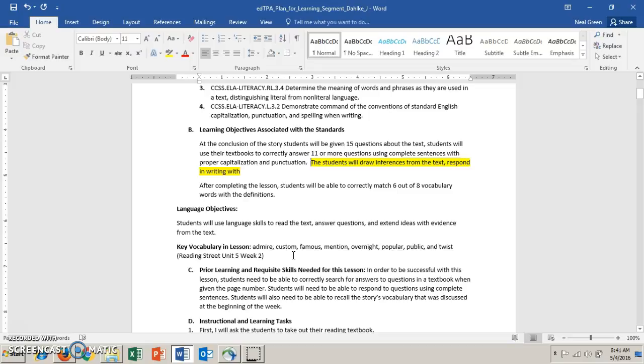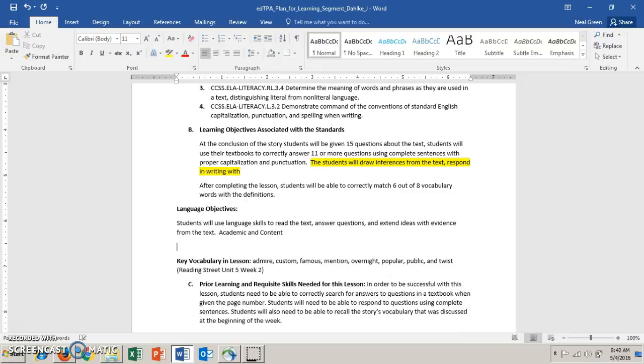Remember, there are academic vocabulary words and content vocabulary words. The academic vocabulary words are the action verbs. Action verbs like predict, identify, compare and contrast, etc. Those are the easy way to do it, and they come directly from your learning objectives.